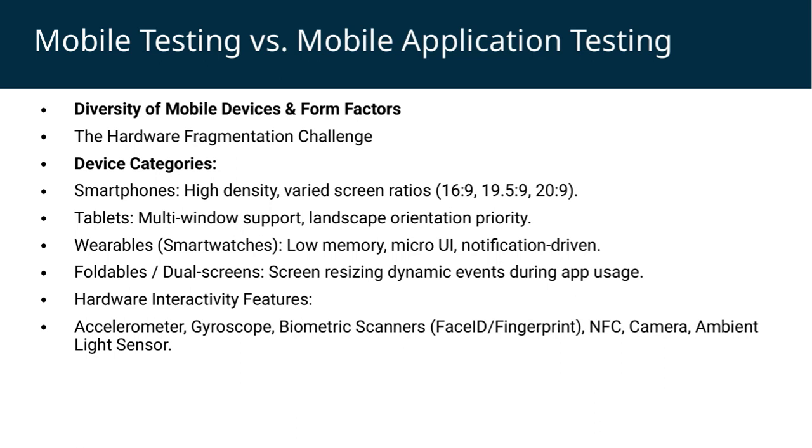Foldables and dual-screen devices add another layer of complexity, with screens that resize dynamically while you're using apps. On top of that, hardware features like accelerometers, gyroscopes, biometric scanners, and NFC all change how apps interact with the device. Testing across this landscape is a real challenge. It's not just mobile testing. It's mobile application testing in its fullest sense.